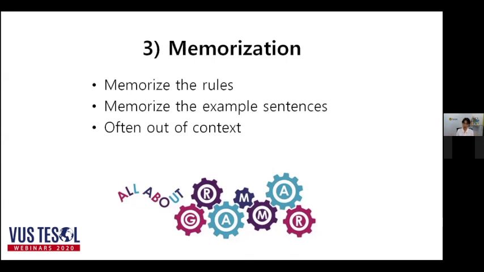But it's often out of context, okay? You just take one sentence or one grammar point out of context and ask your students to memorize. It might be a little bit difficult because it's out of context. But memorization is necessary, right, when you teach grammar.